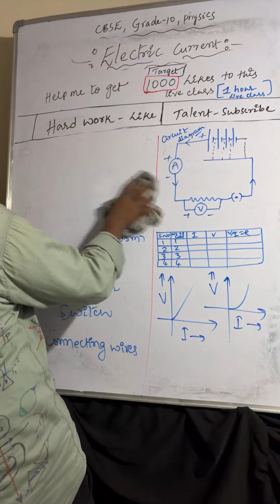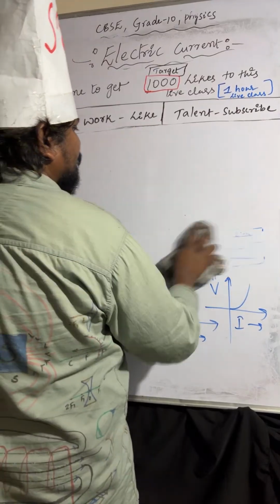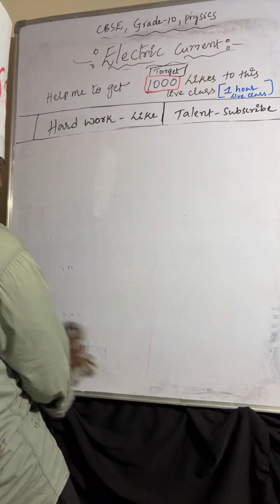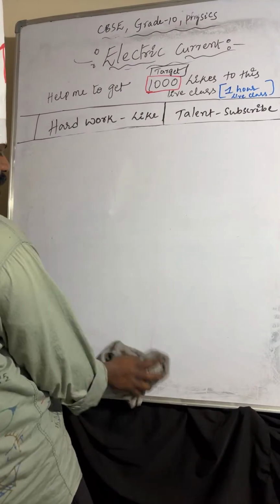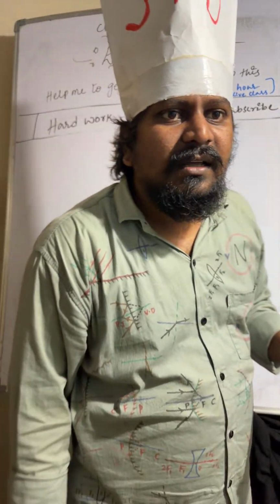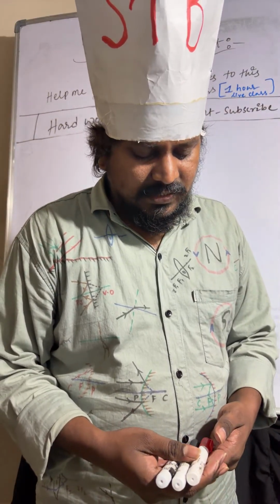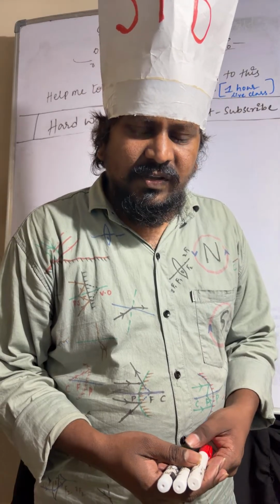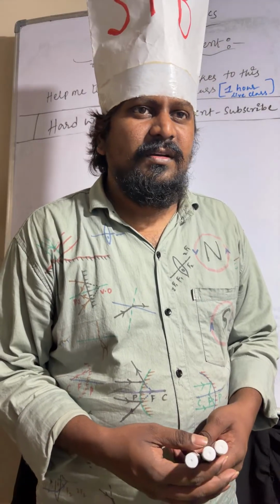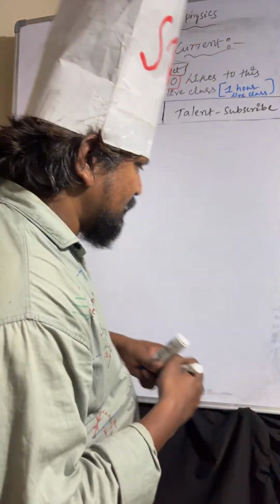The phenomenon of opposing the electric current in the circuit is called resistance.